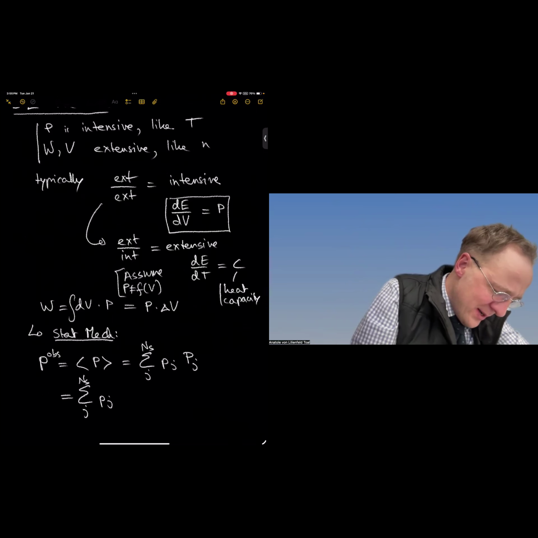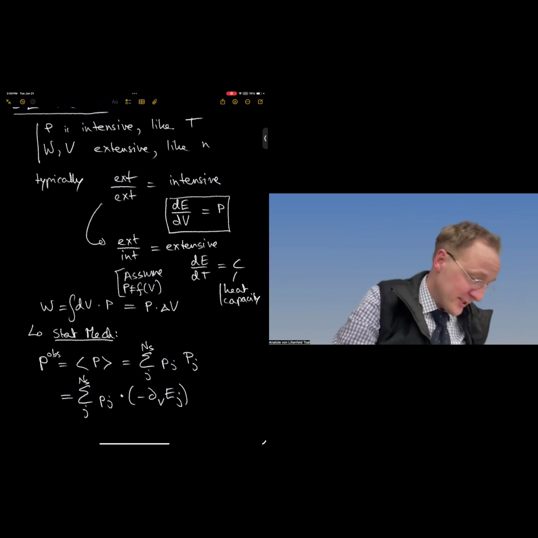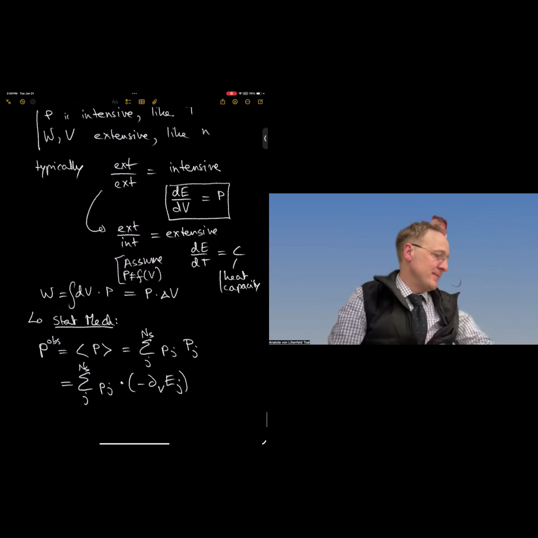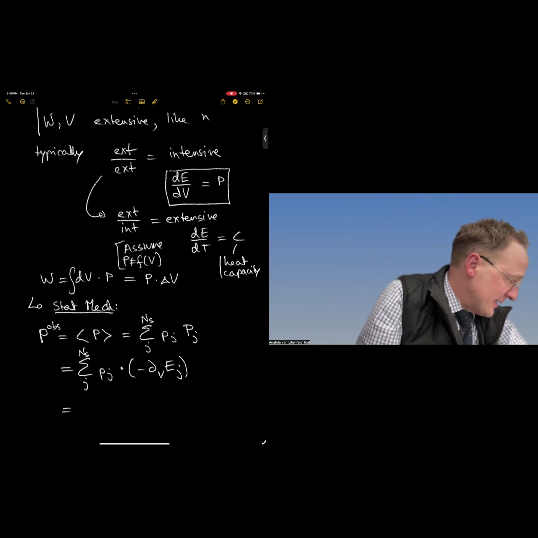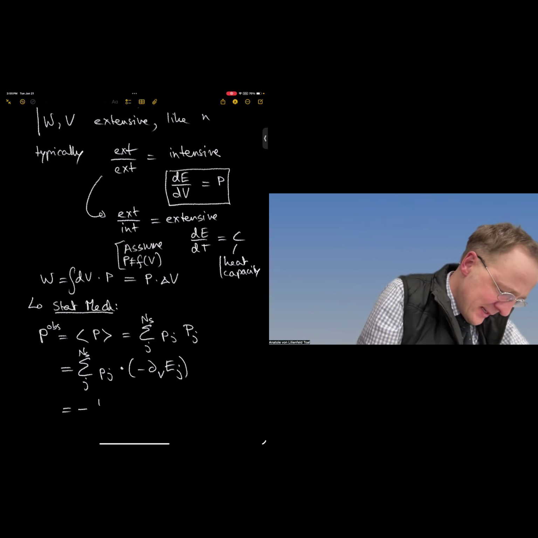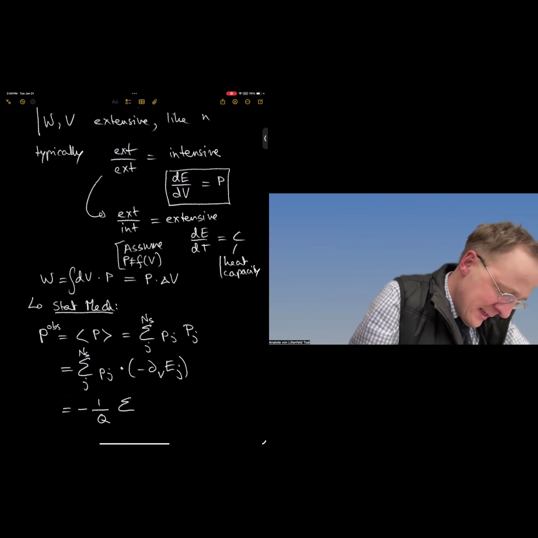So we have Boltzmann's probability times, and by convention, it has a negative sign, dE dV for state J. Again, let's insert our Boltzmann probability 1 over Q, and I pulled the negative sign from my derivative in front, and we have e to the minus beta Ej dV Ej.